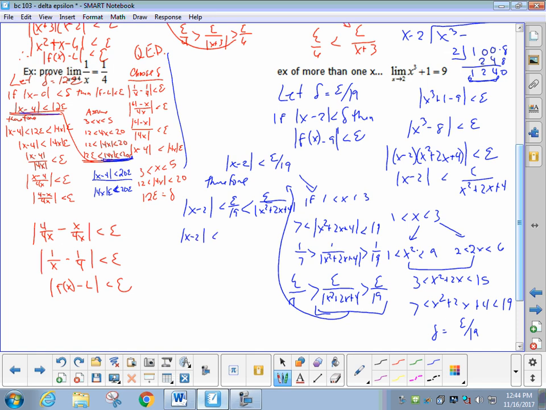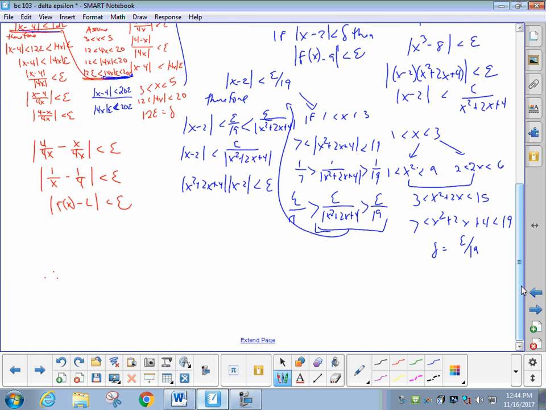X minus 2 is less than epsilon over x squared plus 2x plus 4. I can already imagine you writing feverishly on the test trying to get this in. It stresses me out watching you guys take a test. Therefore x cubed minus 8 is less than epsilon. Actually, I should have shown the two coming in together in the same value first.